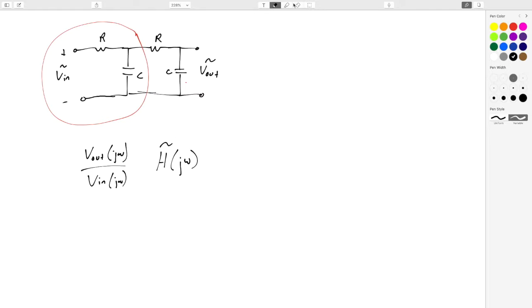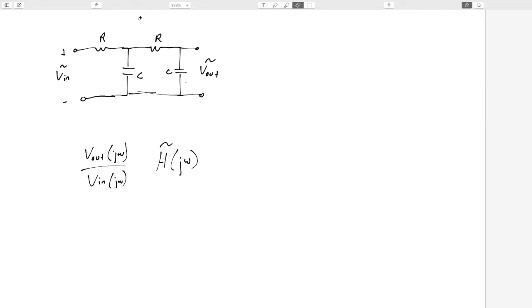When I'm solving a circuit like this, you could come up with some big nested expression, where R and C are in series, and then they're in parallel with Z, and then those things form a voltage divider together. You can go about doing that. My strategy is to analyze this side first.